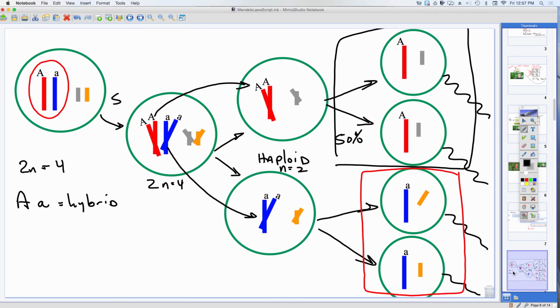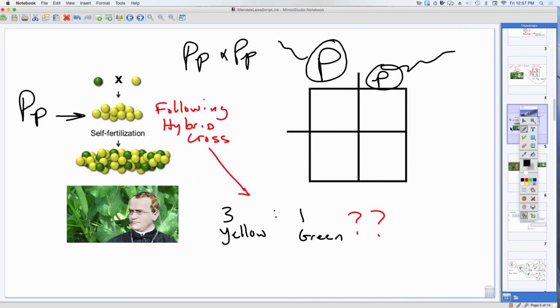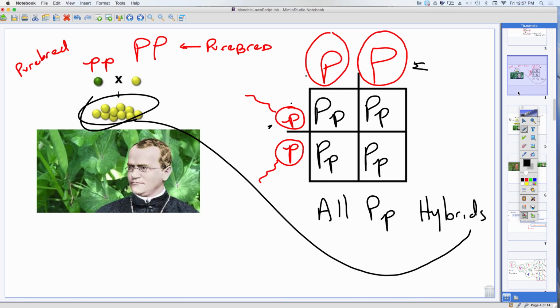This is a sperm. 50% of the sperm have big P's. 50% of the sperm have little p's. That is just like what this picture of meiosis illustrates. And we are doing a hybrid cross. So again, big P, little p here. These would be eggs. And so what do we get?